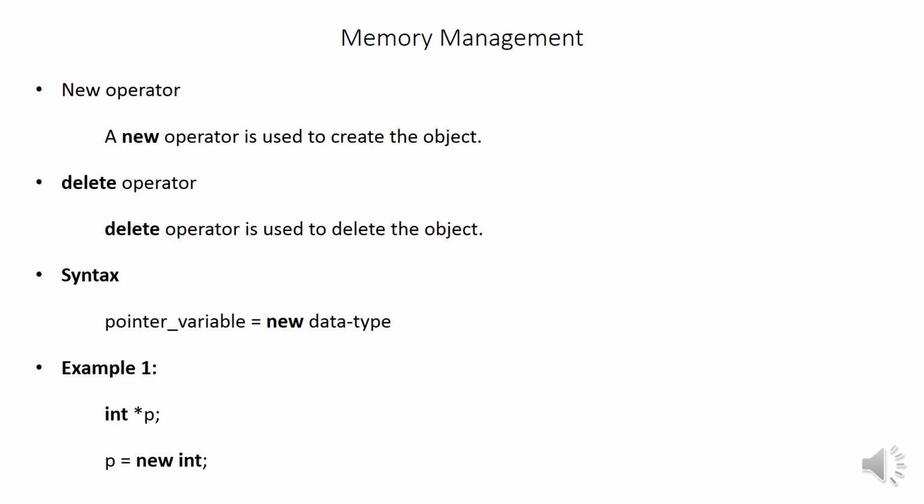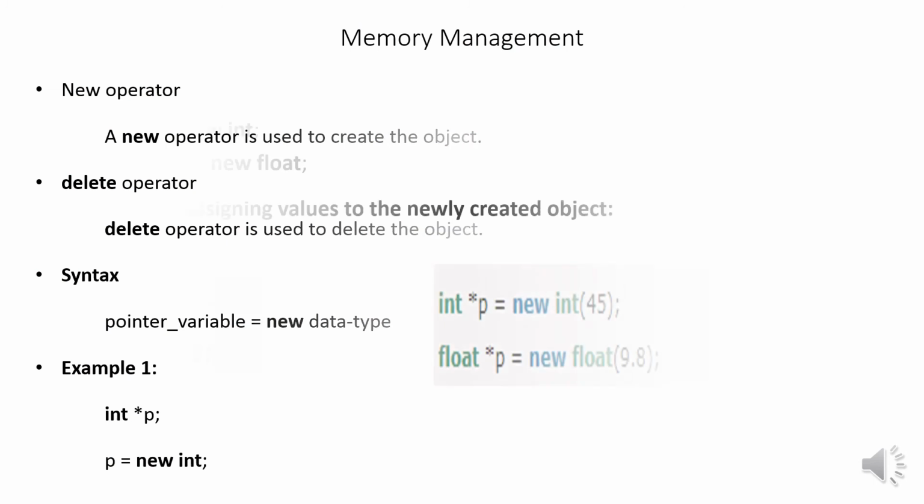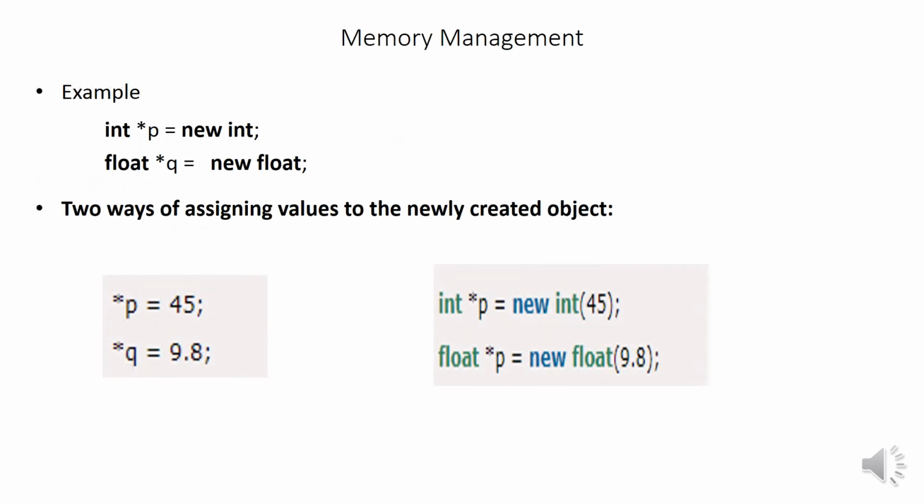That delete operator is used to delete the object. So here is the syntax: pointer underscore variable, that is nothing but the pointer variable. New is the operator, and the data type we have to give here is integer, float, character, etc. There are two different data types used to allocate the memory for P and Q.